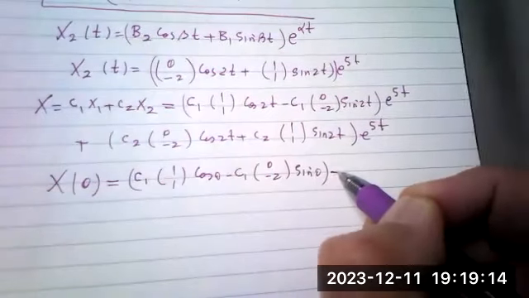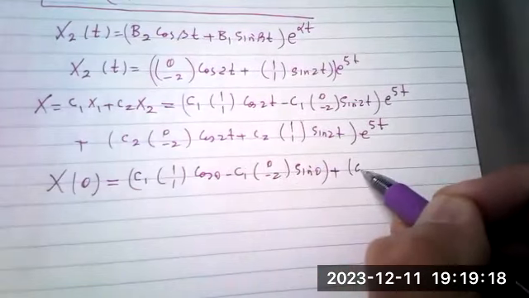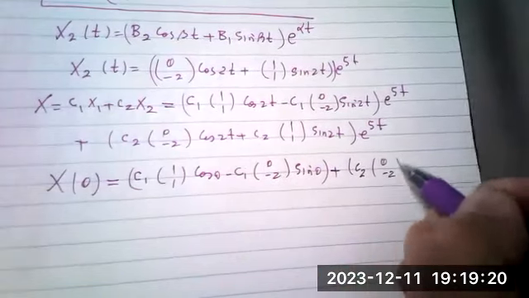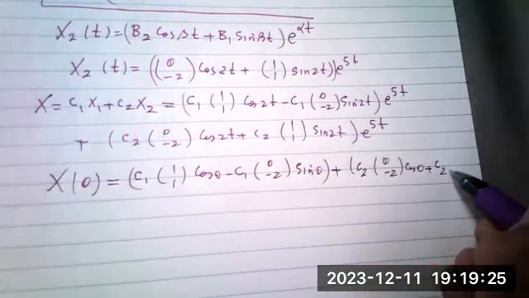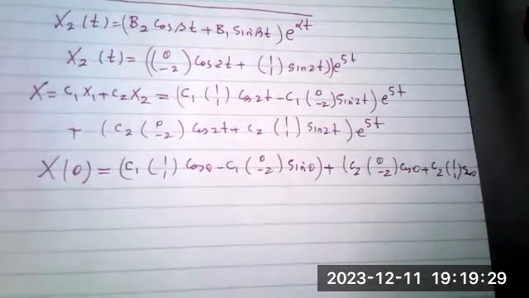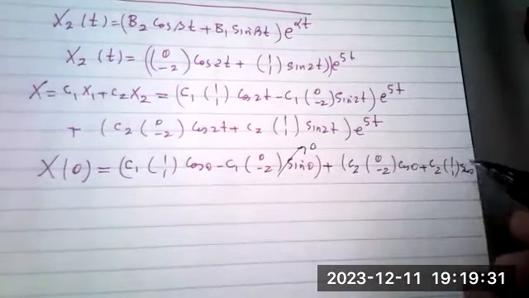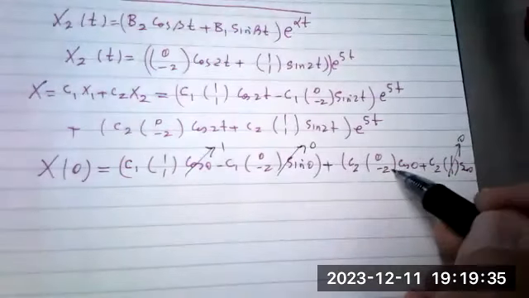For the second one, the same thing: C2 (0, -2) cosine of 0 plus C2 (1, 1) sine of 0. Sine of 0 is 0, so all the sines will disappear. The cosine of 0 is 1.